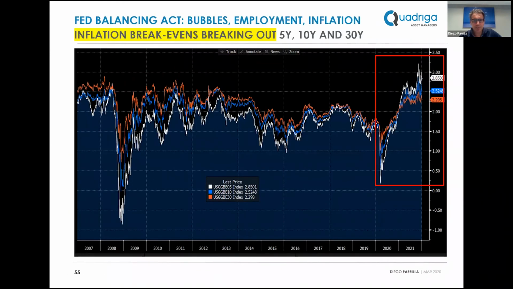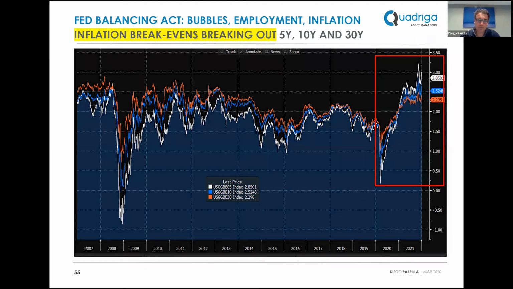And you see this when, by widening again to different time frames, we see how inflation break-evens are arguably breaking out and at their highest in pretty much the last 15 years. And this is something that I think worries central banks more than inflation itself, because inflation expectations can actually take things out of control.